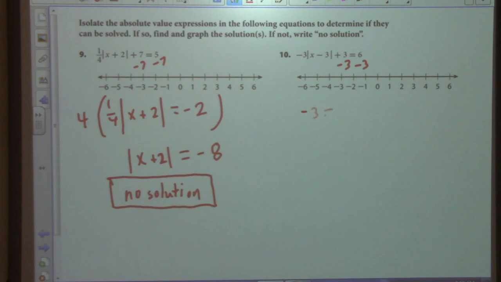So you get x minus 3 equals 3, and you divide by -3. So you get -1 on the right here. Is that going to be a solution? No. No hay solución.